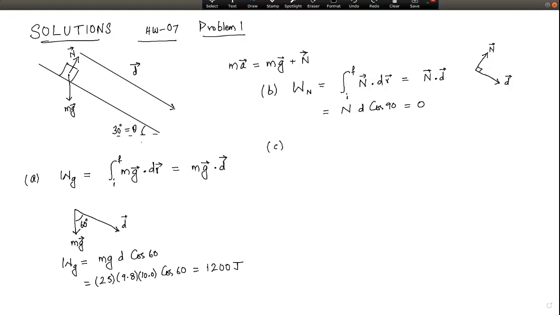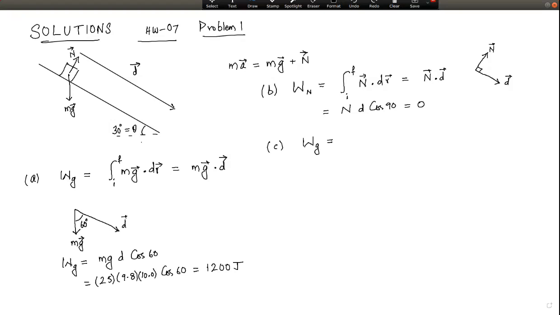Part C talks about determining the change in the gravitational potential energy. The work done by gravity, in the case of gravitational force alone, because it is a path independent force, can be written in terms of the initial and final points.